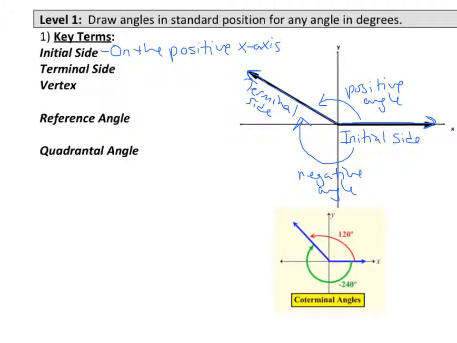Here's an example of two angles that share the same terminal side, but this positive angle was rotated up from the positive axis in a counterclockwise direction. And a negative angle is formed by swinging the terminal side down from the positive x-axis in a clockwise direction.